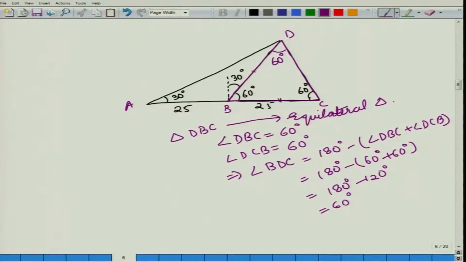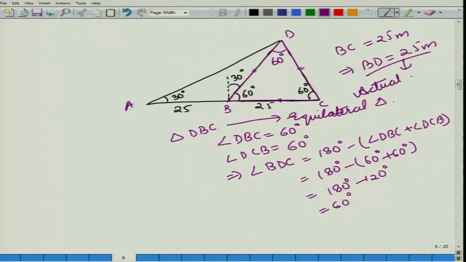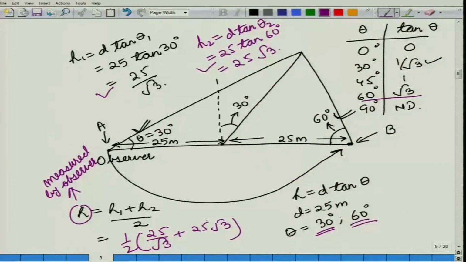Because we are given that BC is 25 meters, we can get that BD is also equal to 25 meters. So, this is the actual height of the tree.